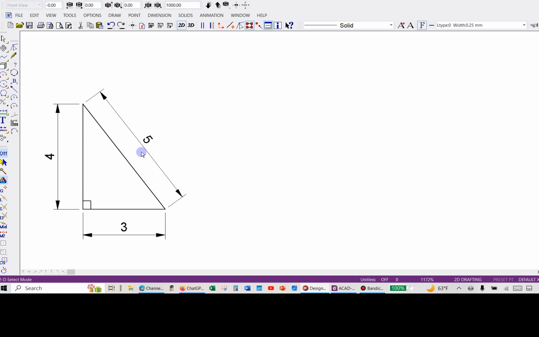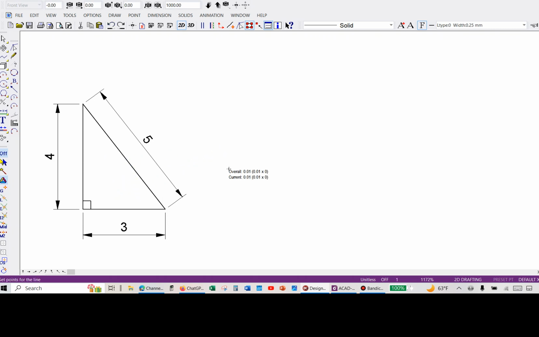But there's also 6, 8, 10, and there are other ones. I think there's 5, 12, and 13. There's just a bunch of them. But the one that's nice about this is that it's pretty balanced.